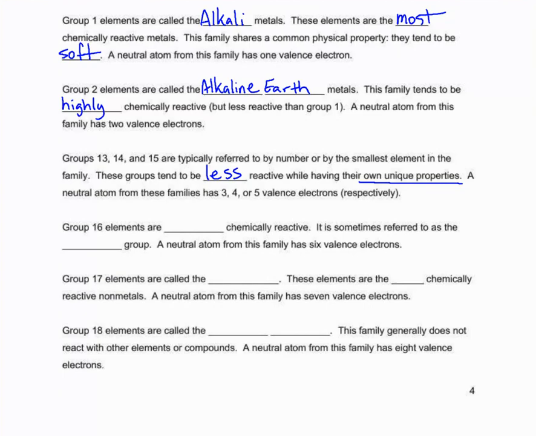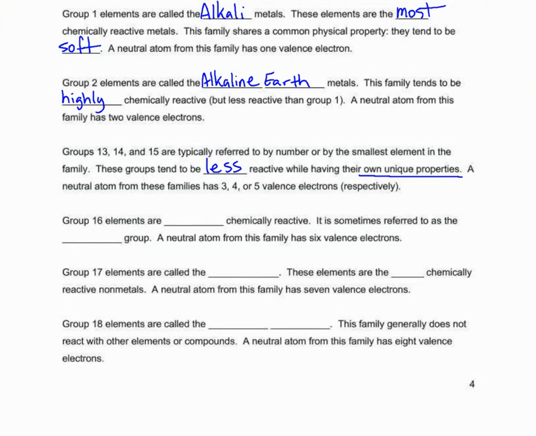A neutral atom from these families will have 3 or 4 or 5 valence electrons, respectively. So that means group 13 has 3 valence electrons, group 14 has 4, group 15 has 5. Since these don't have their own specific names, I'm not going to flip over and label them.